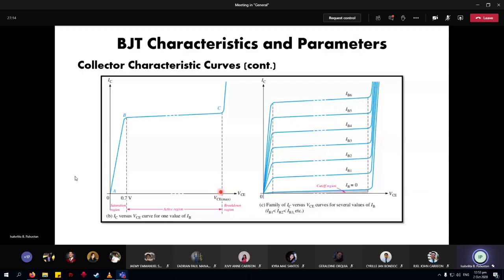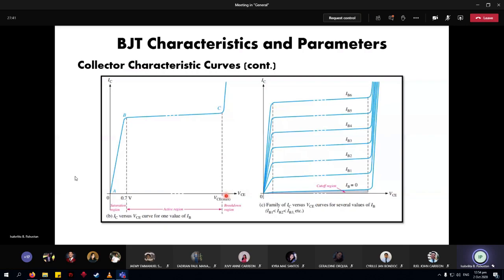Since you are using your simulator, yung EDEV, it's nice to see this. Hindi naman masisira ang computer mo, hindi naman masisira yung simulator if you try to apply a VCE which is beyond the breakdown para makita nyo lang. Now, in the lab, you should not do this.